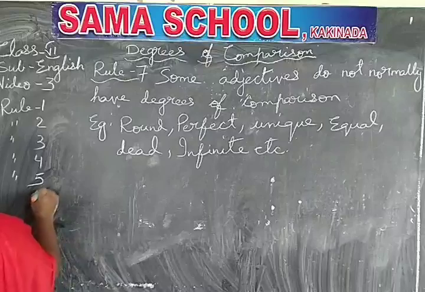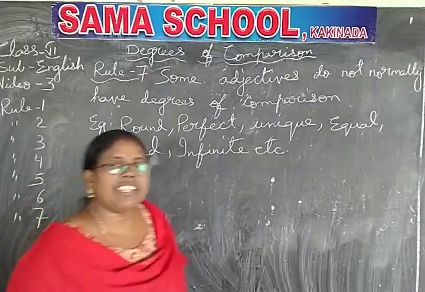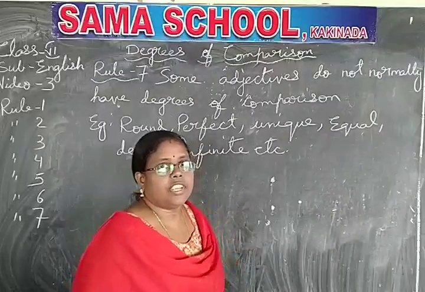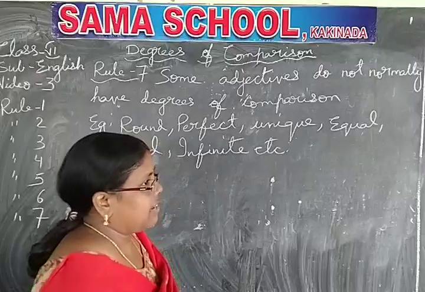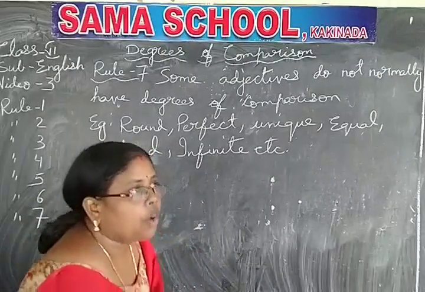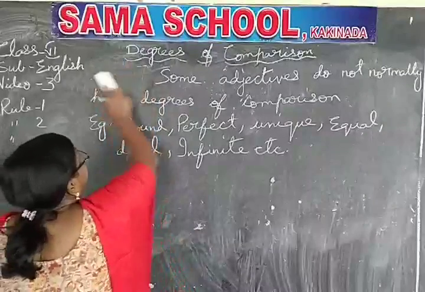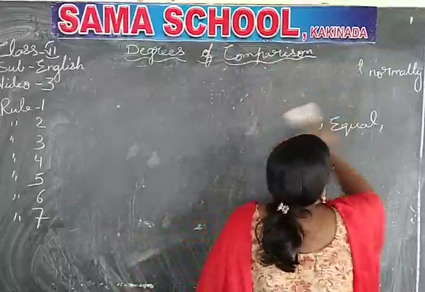These are the seven rules of degrees of comparison. A few exceptions are there, I'll tell you. Double comparatives are not allowed. After the rules, double comparatives.